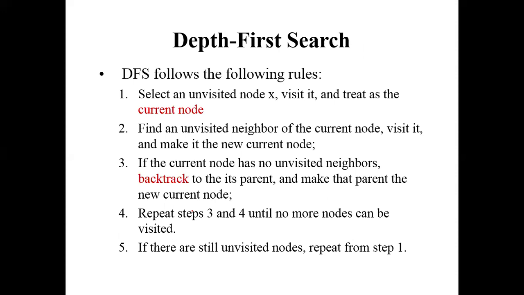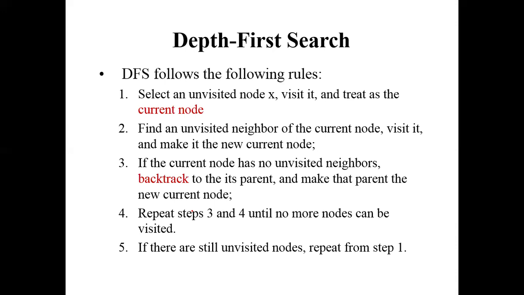Now we will be seeing the rules for depth first search. Select an unvisited node. First we'll list out all the unvisited nodes. Initially all the nodes are unvisited. The node we are going to visit is the current node, and we change that current node to visited. Find an unvisited neighbor node for that current node, visit it and make it the new current node.